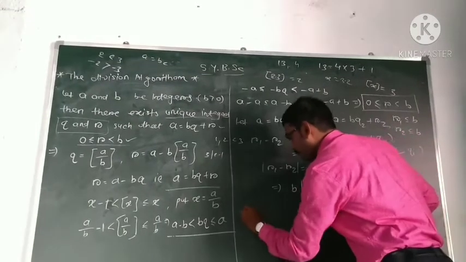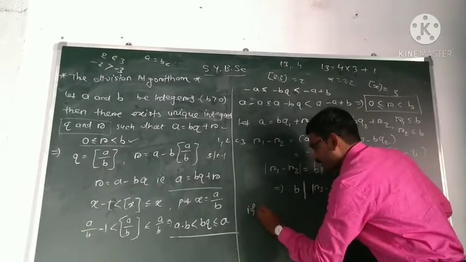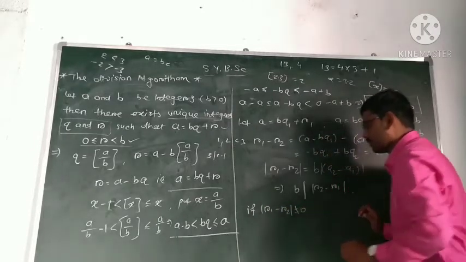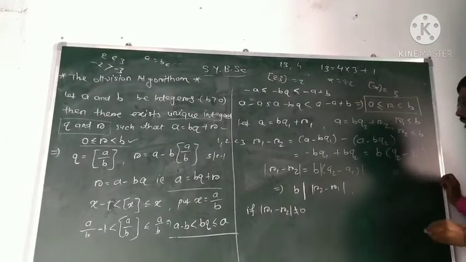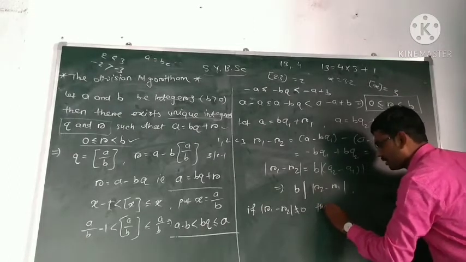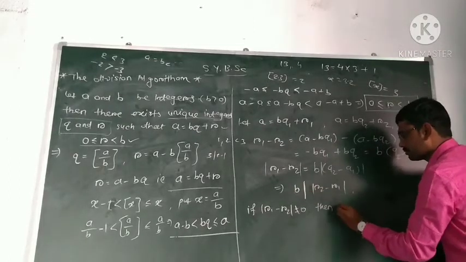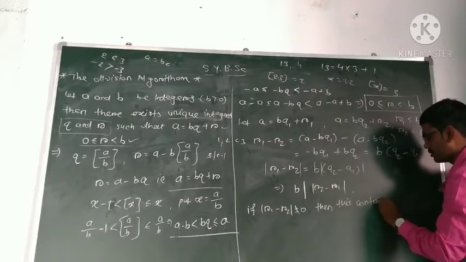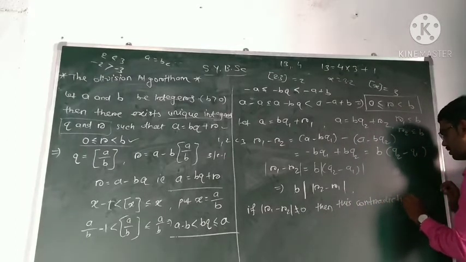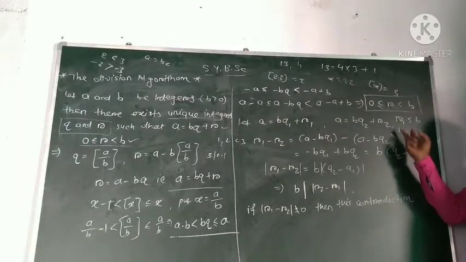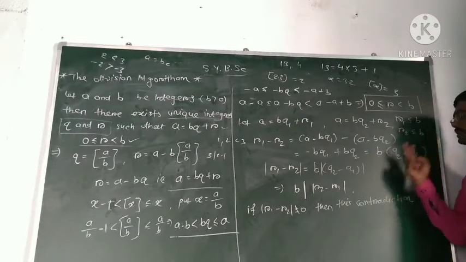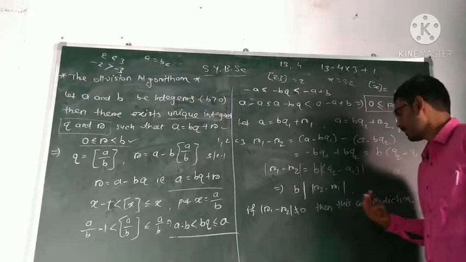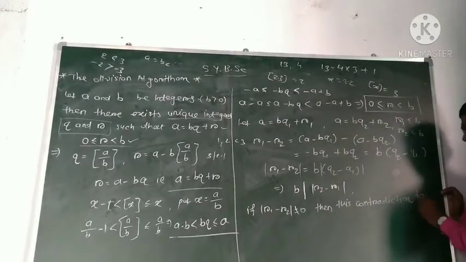But if the mod of R1 minus R2 is not equal to 0, then this is a contradiction. Why? Because the numbers are less than B and still B divides their difference.